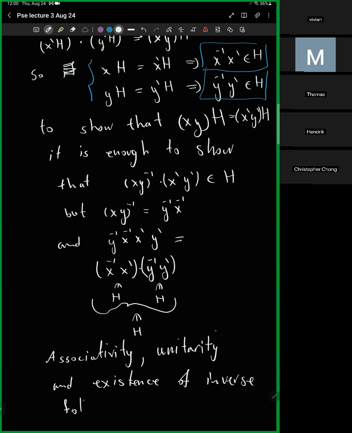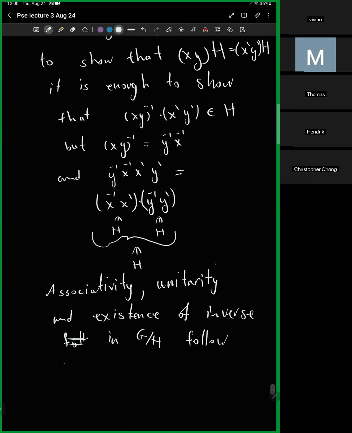These axioms in G mod H follow from these properties in G, because, for example, associativity.